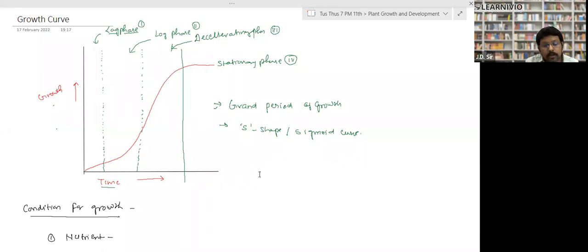The period of time in which growth takes place has been called grand period of growth.